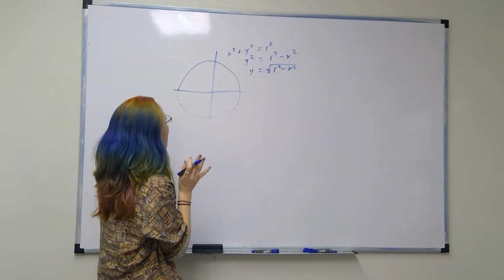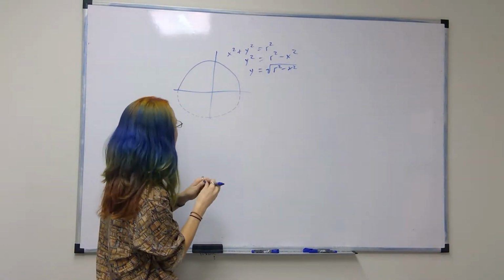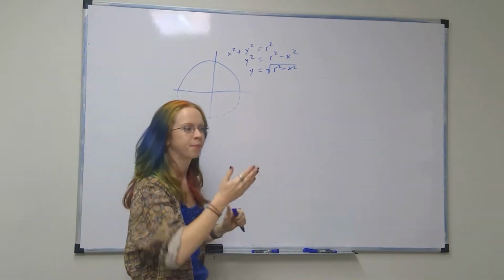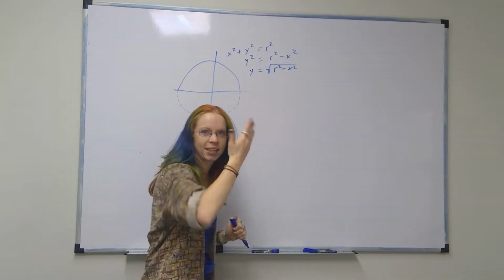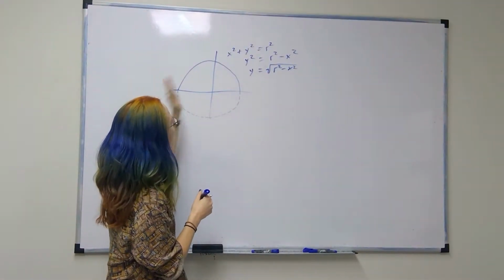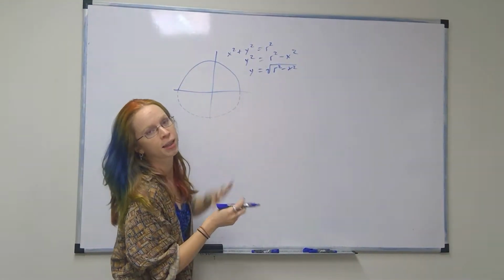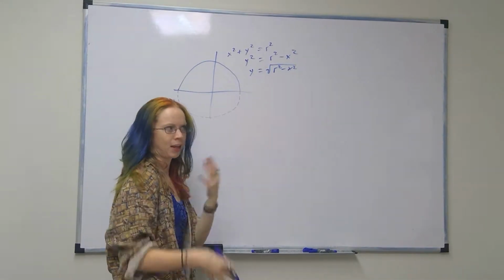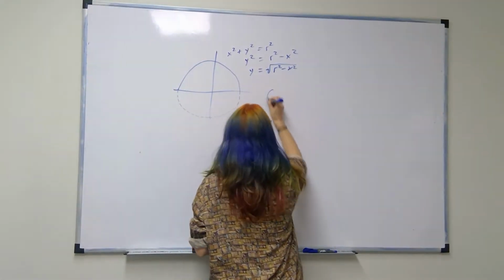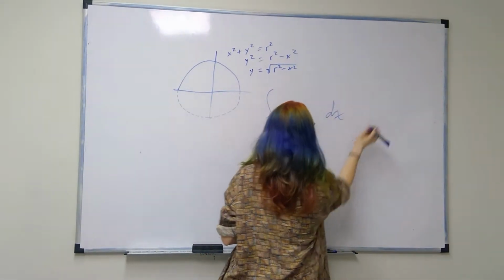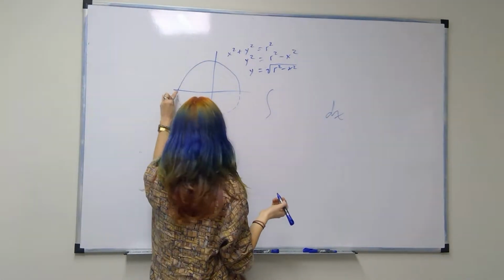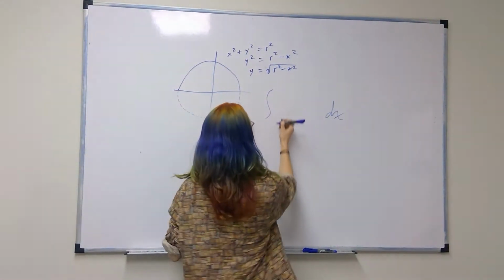So if I imagine taking that sphere and taking a machete and slicing perpendicular to the x-axis, boop, boop, boop, then I'm doing an integral with respect to x, dx. Cool. My x values are going from negative r all the way up to positive r.